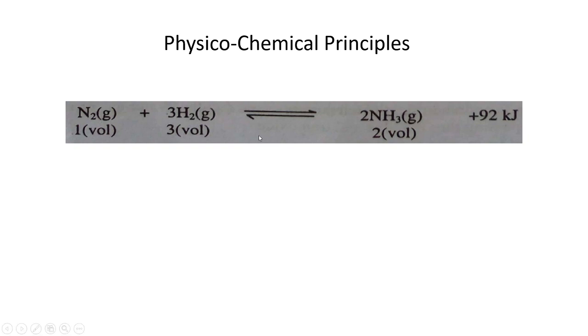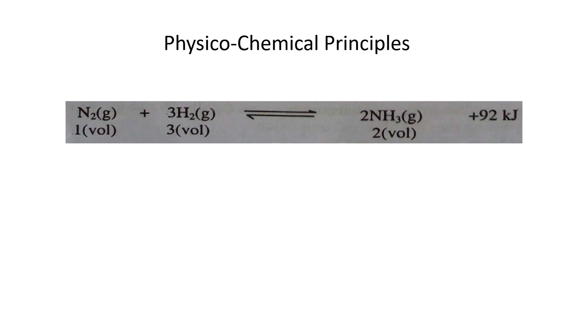So as the process proceeds, that is the reactant is converted to product, the volume shrinks, so pressure increases, and you can see here energy is released. This is an exothermic reaction, so obviously as the reaction proceeds, the temperature of the reaction will go on increasing.